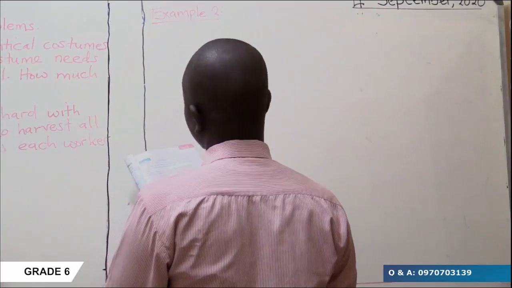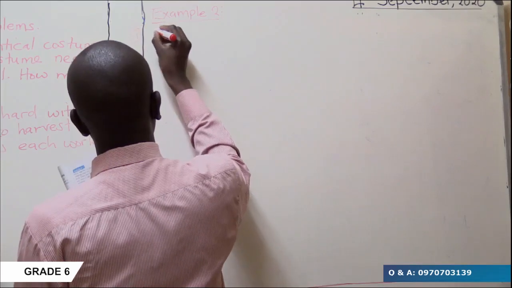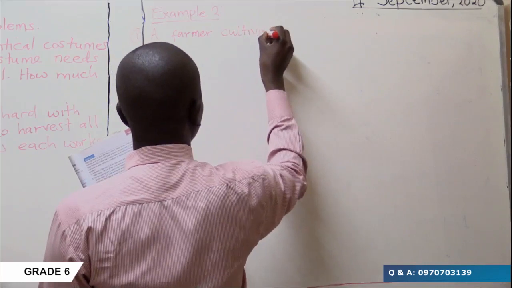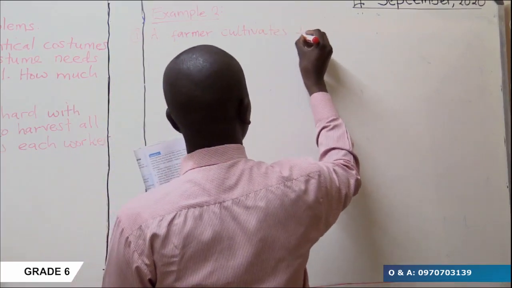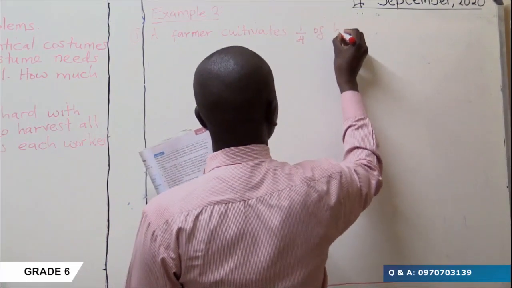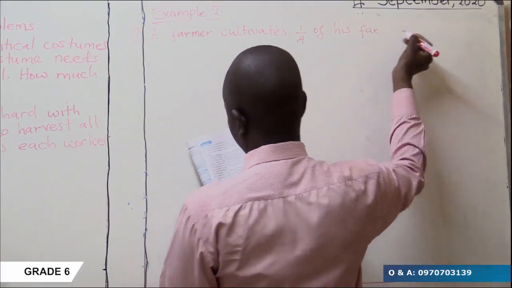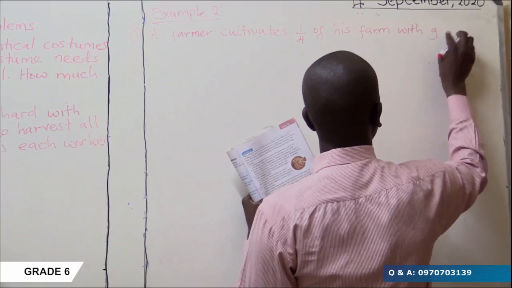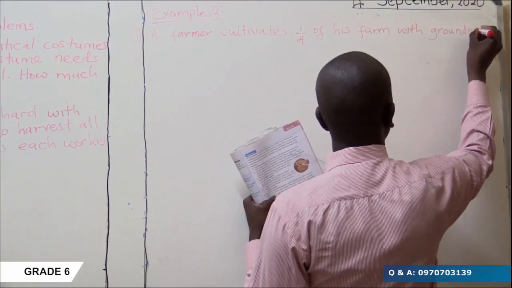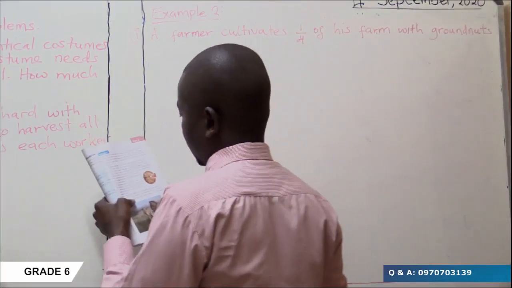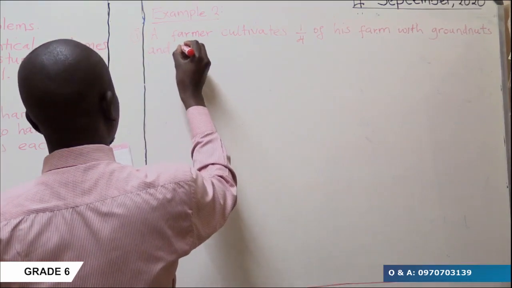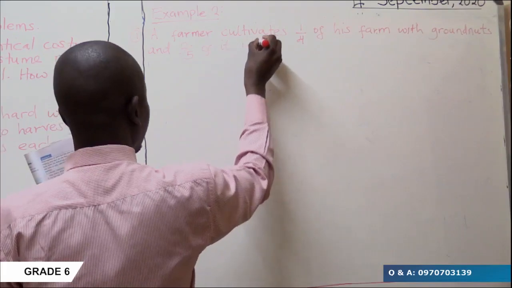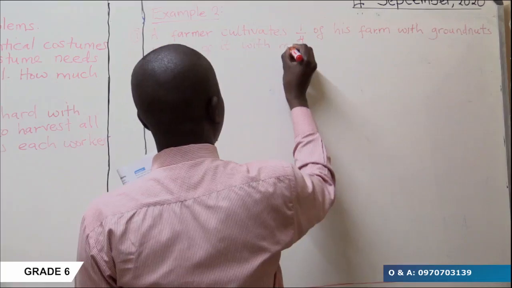Example 2 says a farmer cultivates 1/4 of his farm with groundnuts and 2/5 of it with maize.